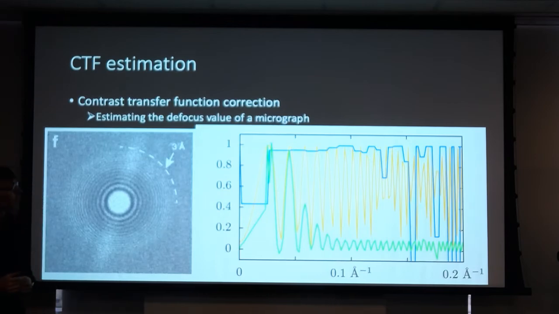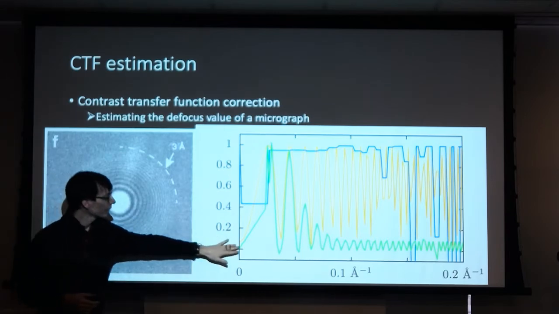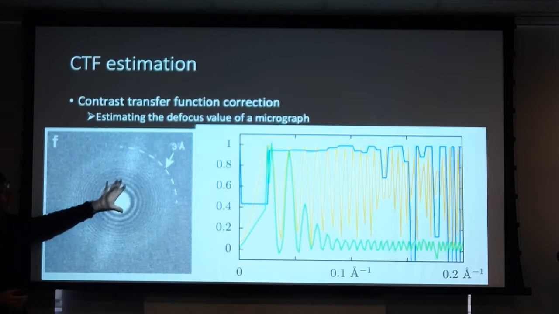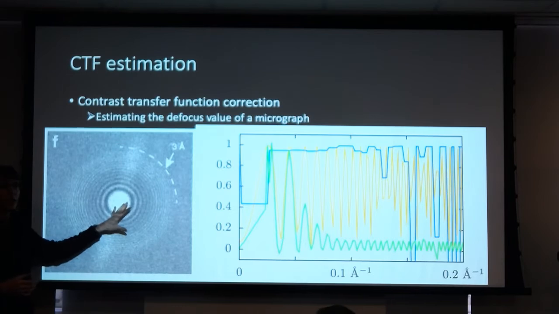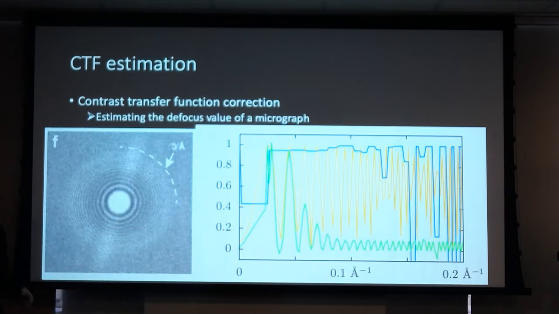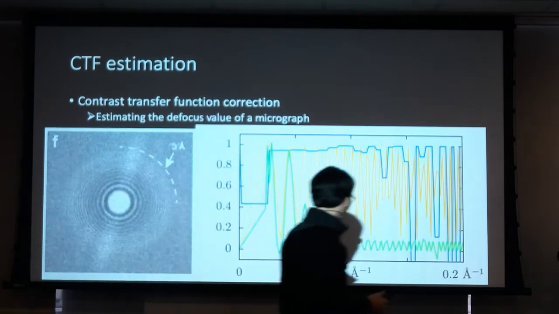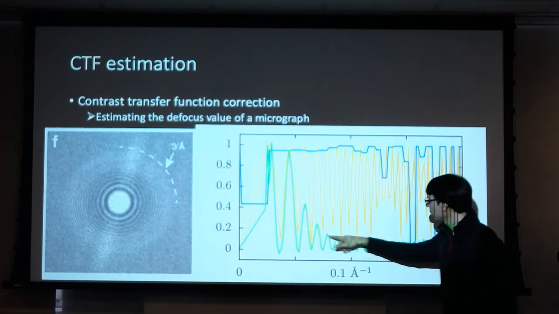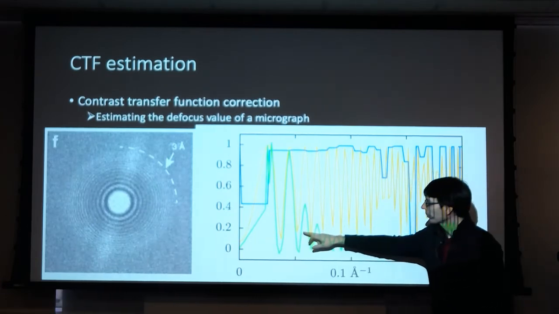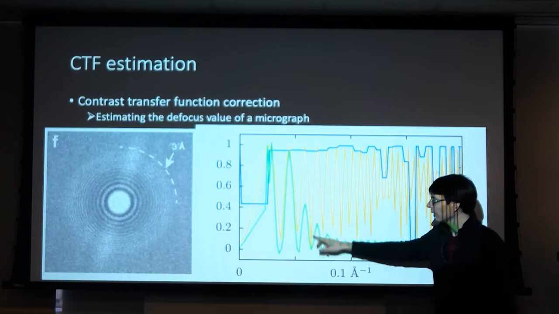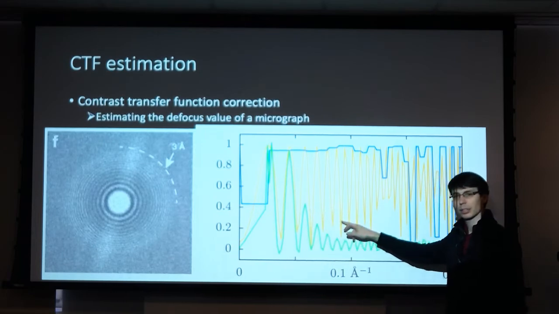And a very important portion of that Wiener filter is that you have your data, and you have a model of your contrast transfer function, and you're, in a sense, multiplying the data by the model function. And the effect of that is that those oscillations, here it doesn't show it very well, are positive and then negative and positive and negative and positive.